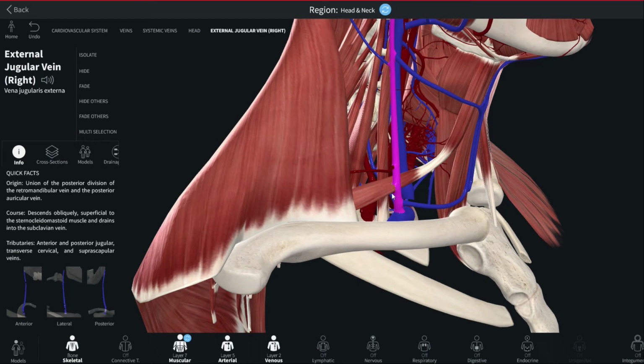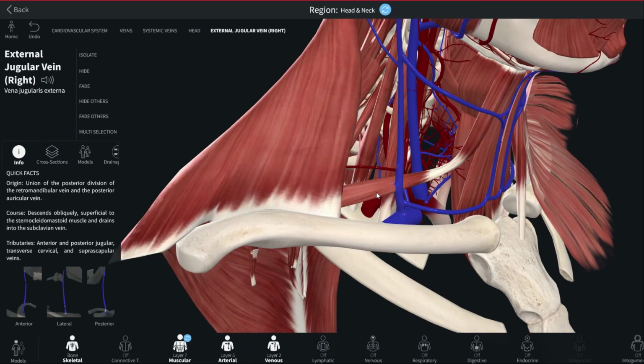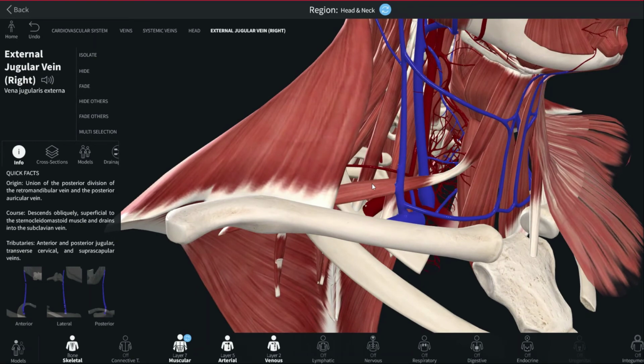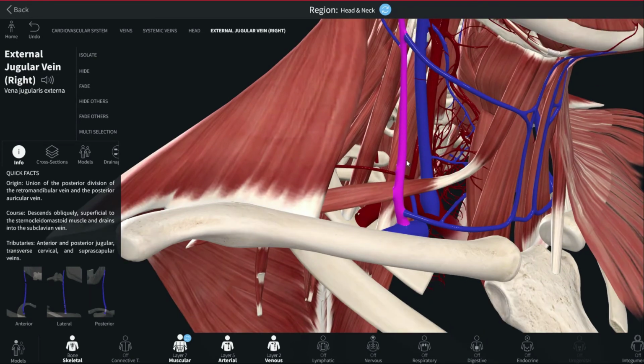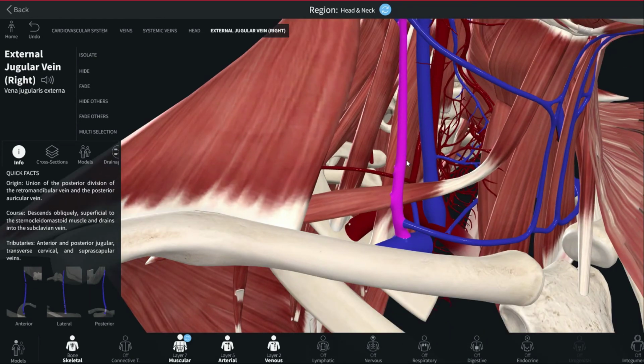What about other arterial constituents? So let's go for that. Now you remember the dorsal scapular artery? The dorsal scapular artery is also considered as a part or constituent of the subclavian triangle.